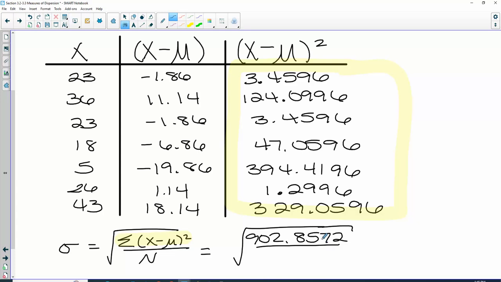Divide by, what is capital N? The number of terms, yeah. The number of terms. So then I put that in my calculator one final time. And I get a standard deviation of 11.356.